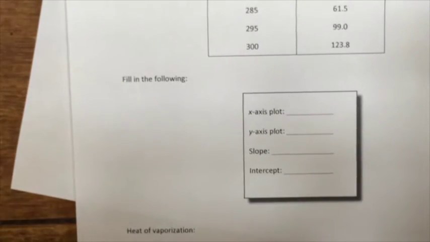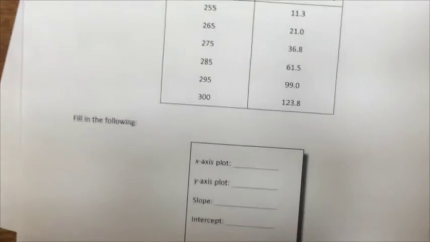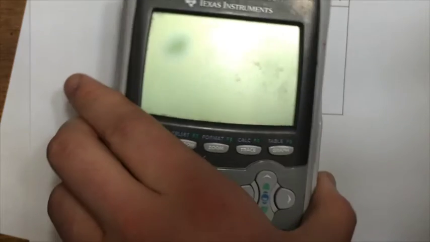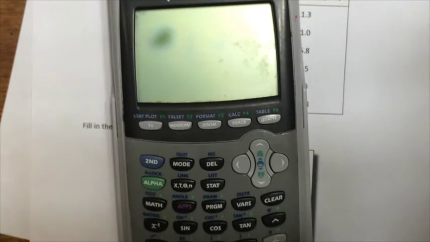Now, the final question given is based on the Clausius-Clapeyron equation. Sorry if I said that wrong. This question is going to require you to use a graphing calculator. You'll use graphing calculators quite extensively in this course, especially towards the end.